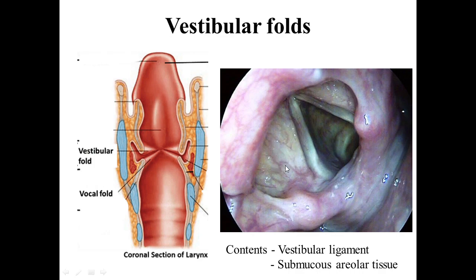The vestibular folds are mucosal folds covered by mucous membrane, lined by ciliated columnar epithelium. And these vestibular folds contain vestibular ligament and submucous areolar tissue. Vestibular ligament is the lower free border of the quadrate membrane.